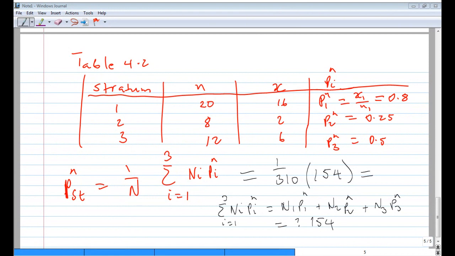Okay, let's do it so that you can see how. 154, correct? So you said 154. Let me check. 154 divided by 310. I made a mistake. The inside part is 186. I said 115 instead of 155.